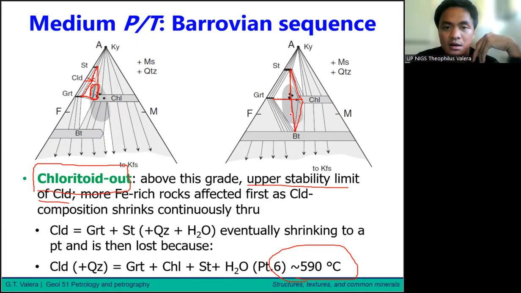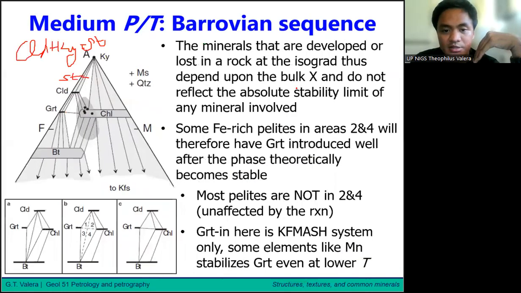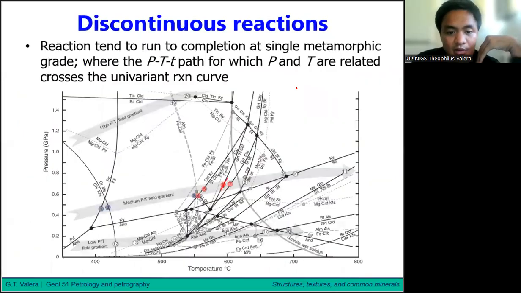It happens only above this metamorphic grade here. So the isograd is here, 0.7. So if you look closely, staurolite has been present here. You can even have staurolite here.